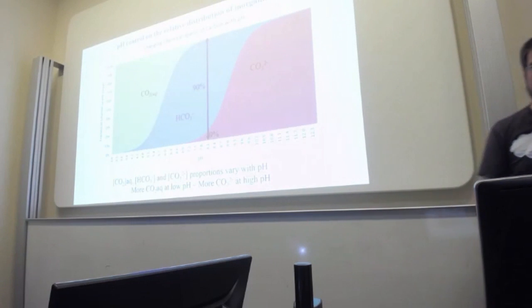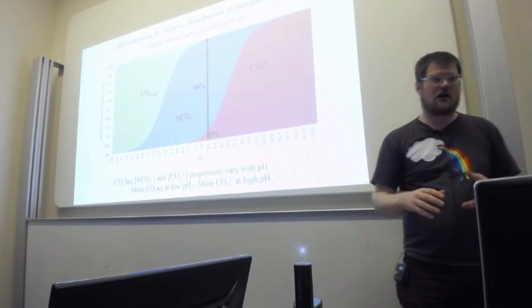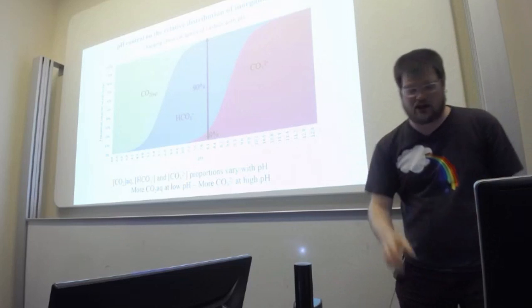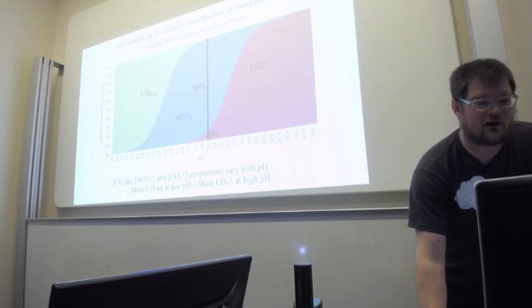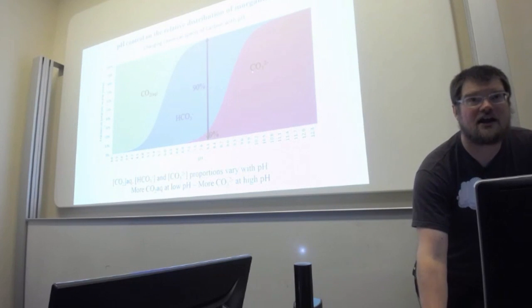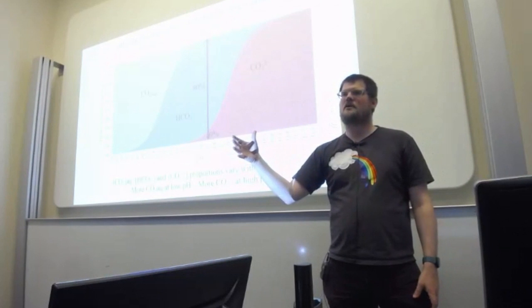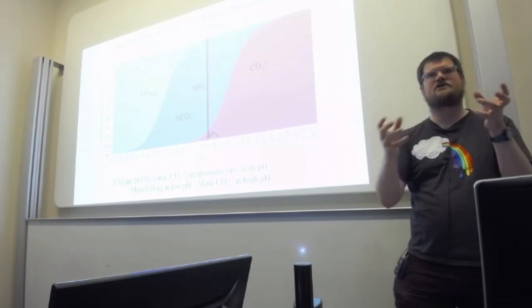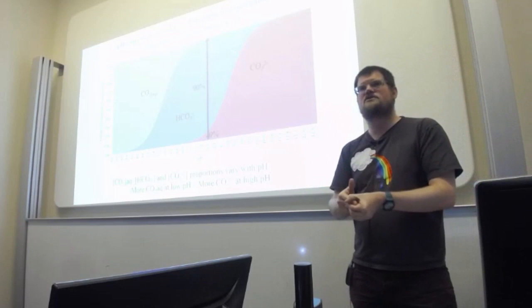Okay, so this is those percentages of the different species. When CO2 reacts with water to form carbonic acid, which then goes on to form the carbonate ion, every time one of those reactions happens, it releases a hydrogen ion. That makes the equilibrium points of those reactions dependent on the pH of the solution.